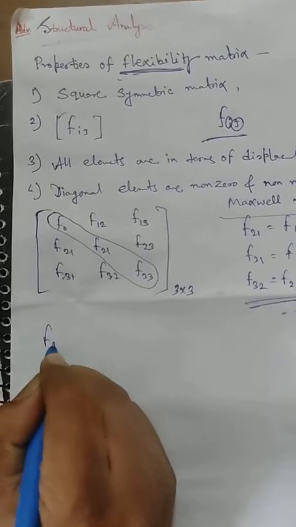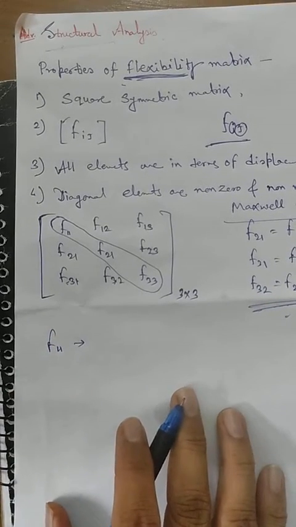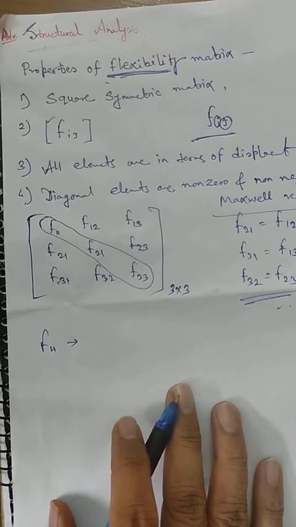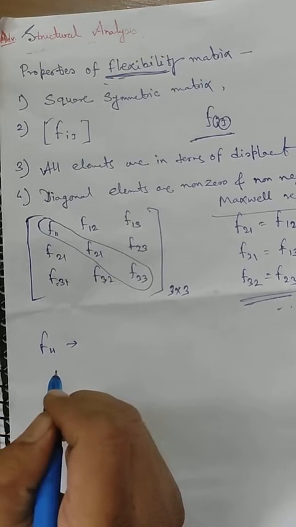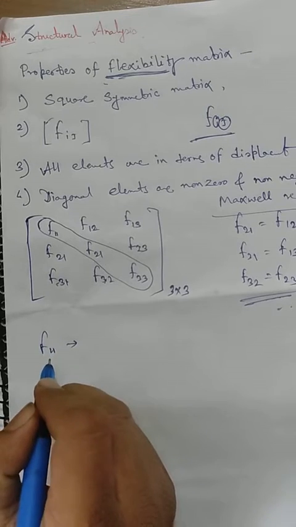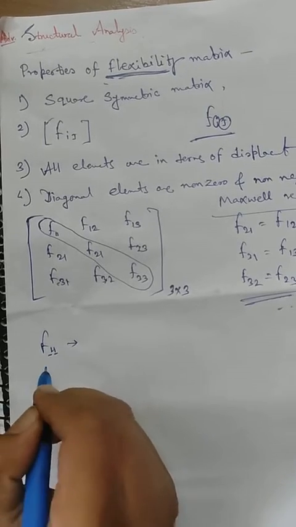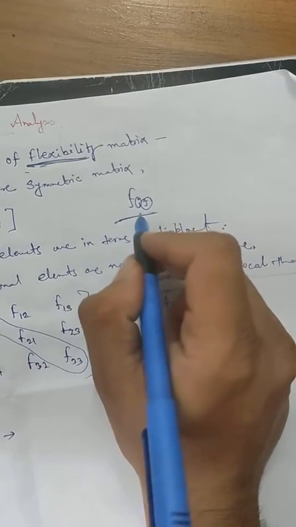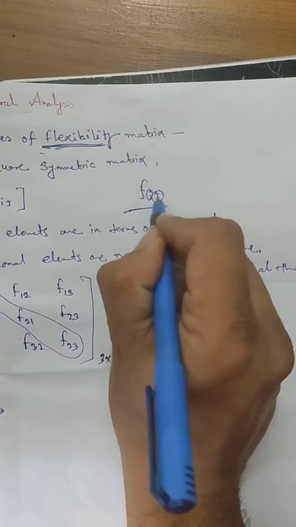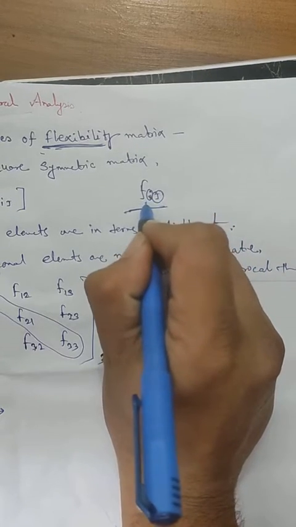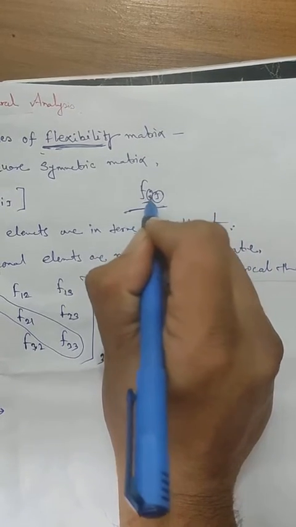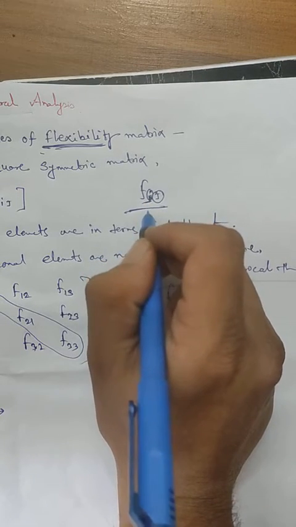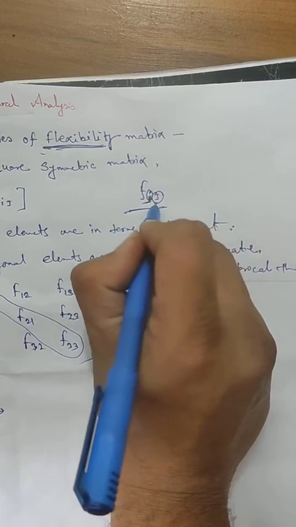Now what does F11 denote? It means the displacement in direction 1 for a unit load also in direction 1. I have told earlier, in Fij, i is the direction of displacement. So the first term denotes the displacement, and the second term denotes the direction of the unit load.